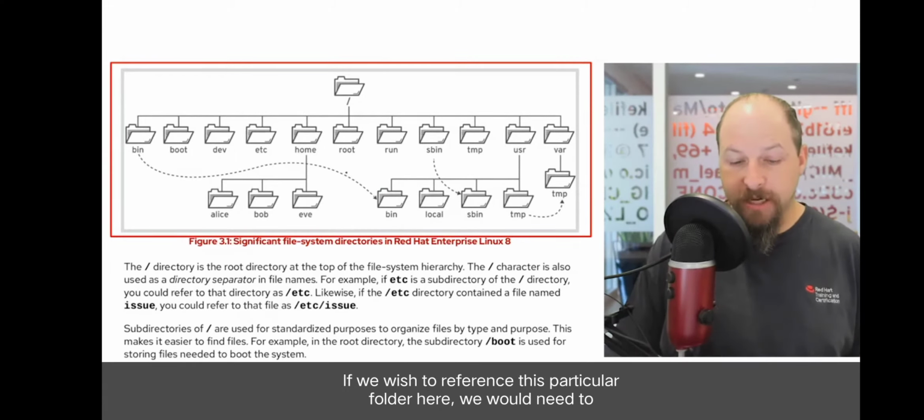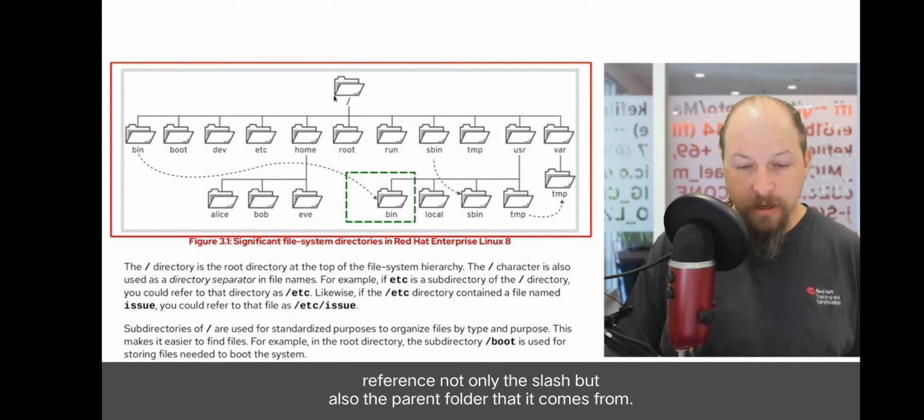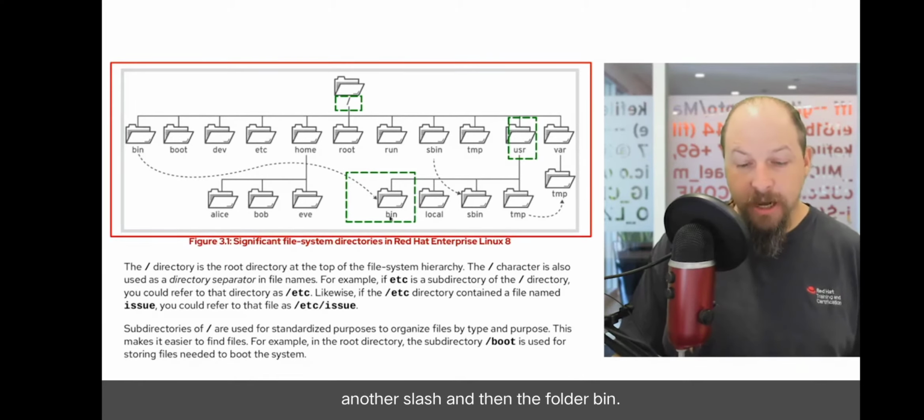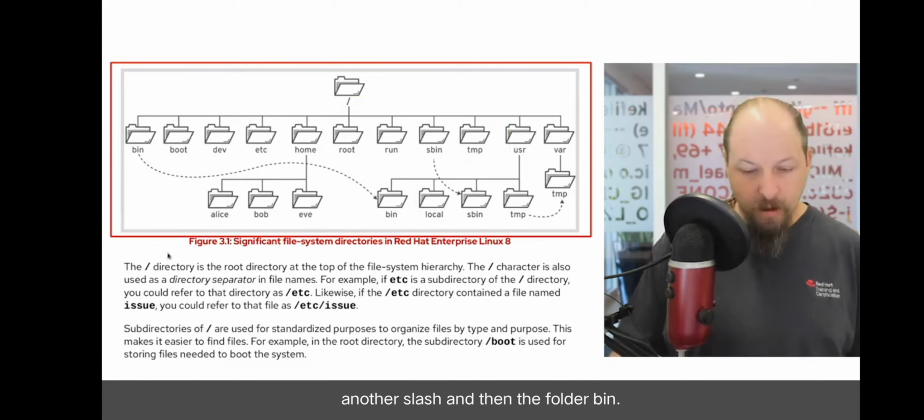If we wish to reference this particular folder here, we would need to reference not only the /, but also the parent folder that it comes from. It would result in a path that starts with /usr, another /, and then the folder bin.